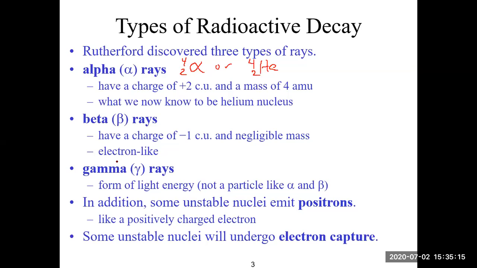Now, beta rays or beta particles, they have a charge of -1. They're basically like an electron, which means some people will use the electron symbol with a 0 and -1. And some people will use the beta symbol to represent that. We also have gamma, which is neutral, pure energy.